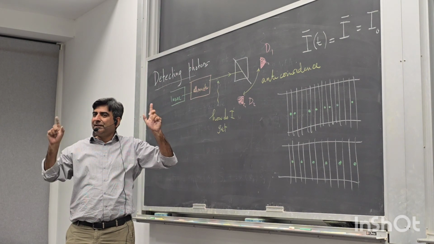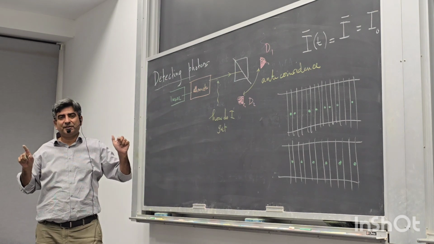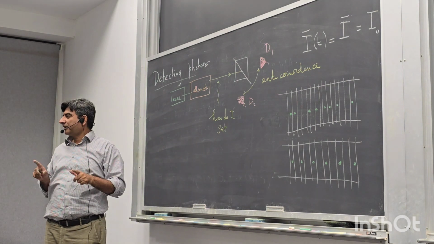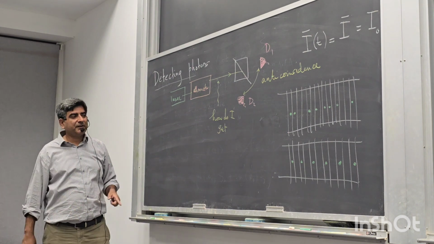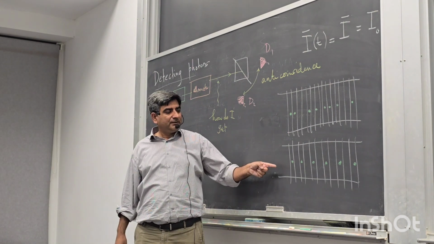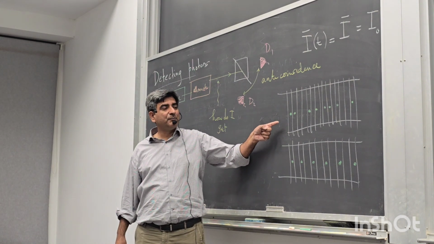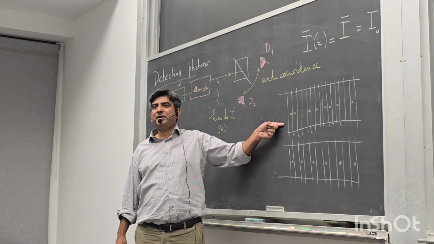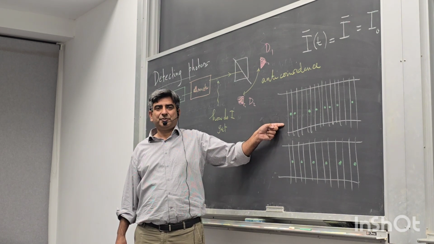But this only remains a naive assumption. If you have highly attenuated coherent light, it still does not satisfy the property of being more regular than a Poissonian distribution. It will still remain a Poissonian distribution.